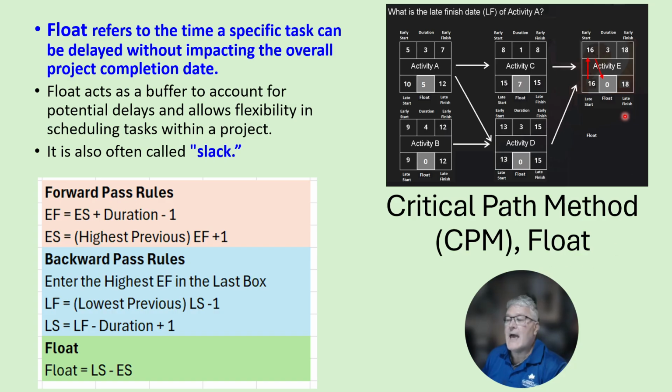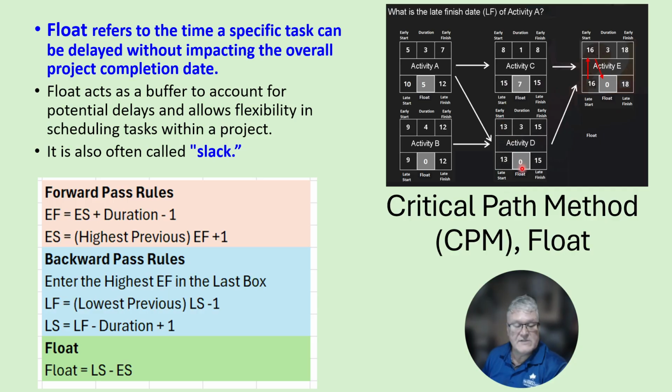So taking a look at our schedule and activity E, notice that we have a late start value of 16. We have an early start value of 16. So we take 16 minus 16 and we get 0. Let's take a look at activity C. We have 15 as our late start. We have 8 as our early start. So 15 minus 8 is 7. Taking a look at activity D, we have 13 for our late start minus 13 for our early start.